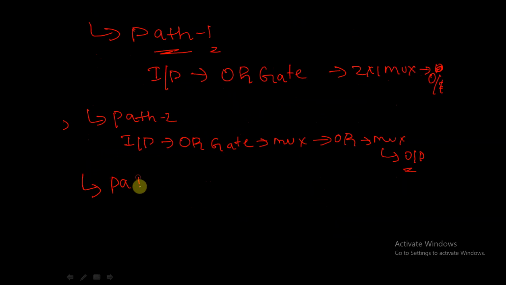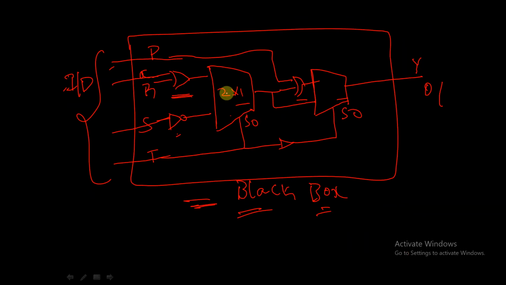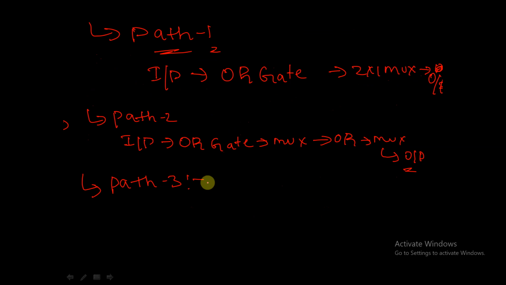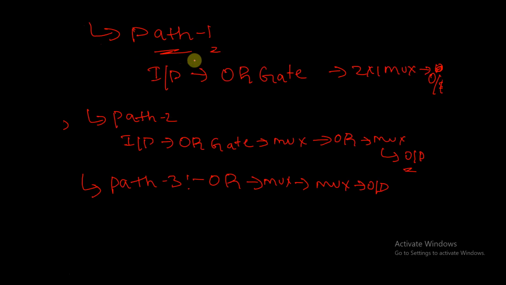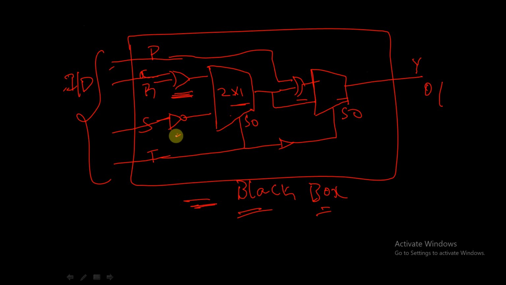So path 3 is OR gate to multiplexer, multiplexer to multiplexer to output. Path 4 is input to NOT gate to mux, mux to output.